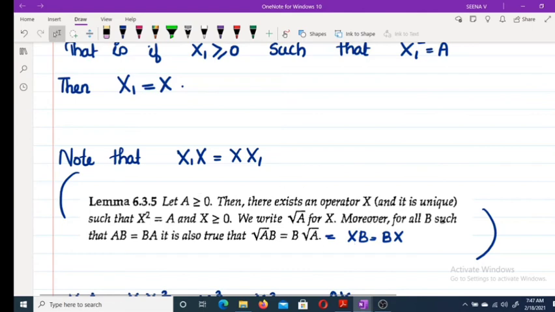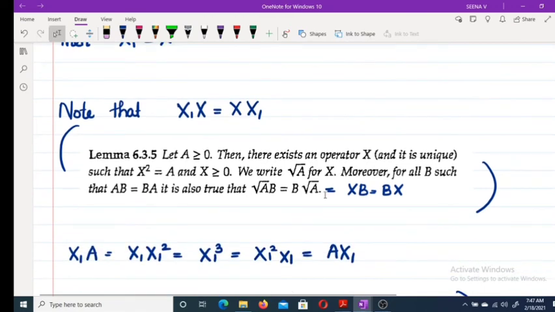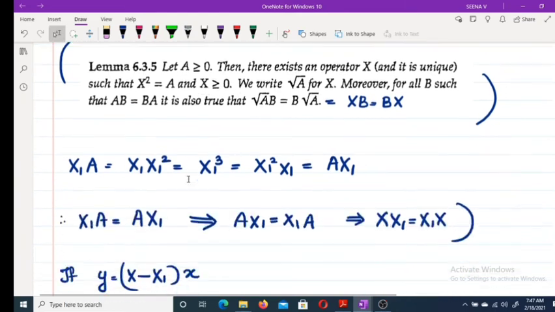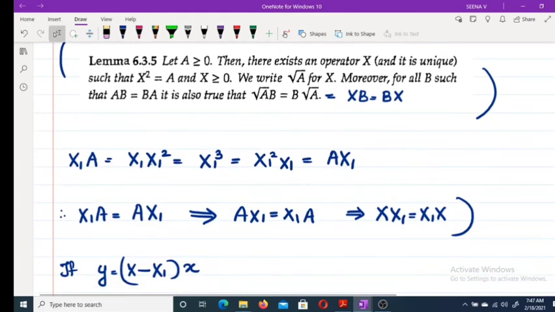For all b such that ab equal to ba, it is also true that root a b equal to b root a. That means if you take any b, we have xb equal to bx. For all b such that ab equal to ba, xb equal to bx. So x1a equal to x1 cube, that is x1 square x, that's equal to ax1. So here x1a equal to ax1.